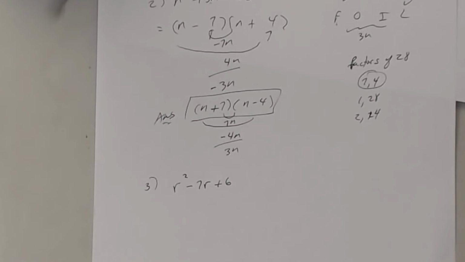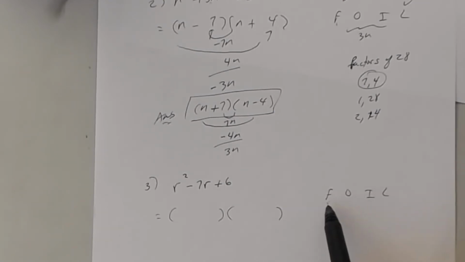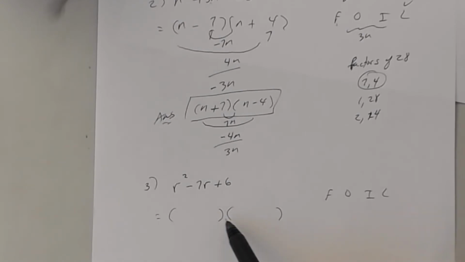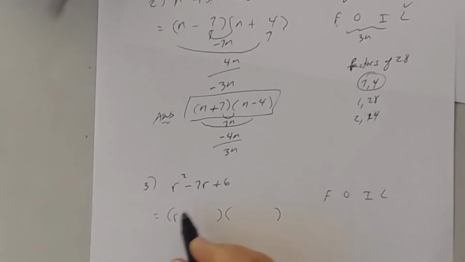I'm going to go directly, since it's a trinomial, I want to factor it as a product of two binomials. So you do the two sets of parentheses, and you're thinking FOIL. So the F, remember, you're going to multiply the first term of each binomial, and that's going to give you the first term of your trinomial. So what times what is r squared? R. All right, so that takes care of the F.